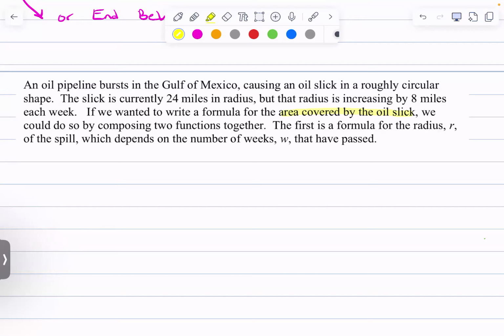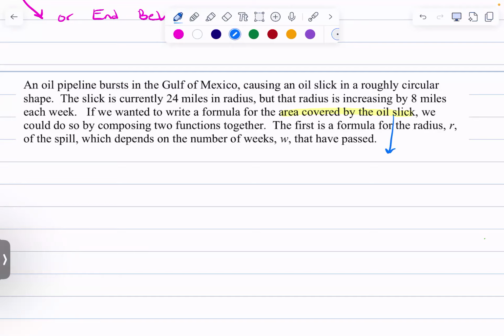The first is the formula for the radius, r, of the spill, which depends on the number of weeks, and we'll call those w, that have passed. Ultimately, what we want to find is the formula for the area.